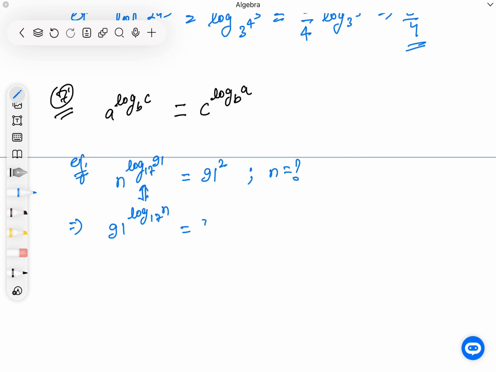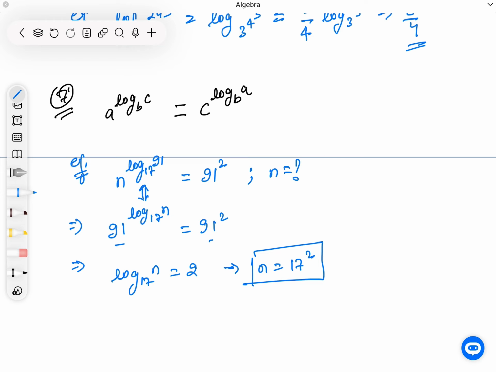So I wrote this equals 91 square. So 91 same. That means I could write log of n with a base of 17 equals 2. Yes. So n would be 17 square. So 289, or n is 17 square, and this is your answer. So you can replace a and c whenever you want. There are no restrictions. Just keep the base same. Right, b is same throughout.